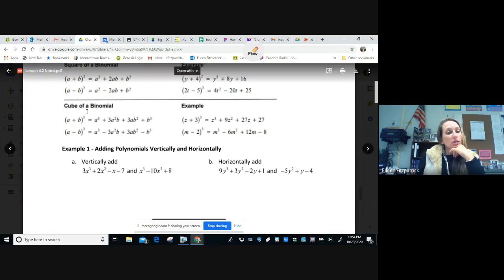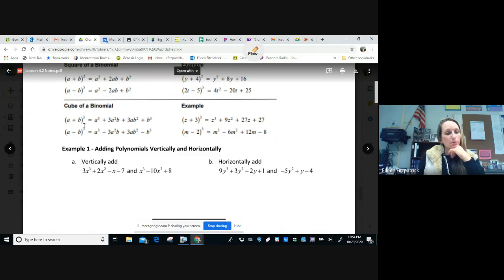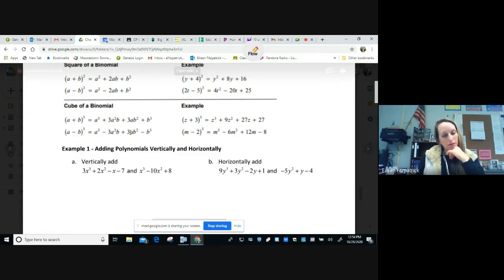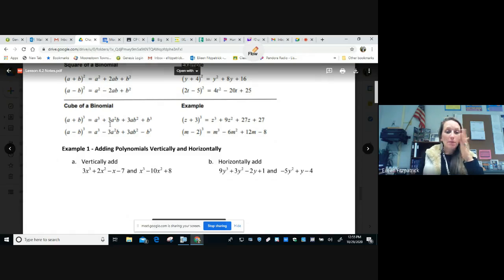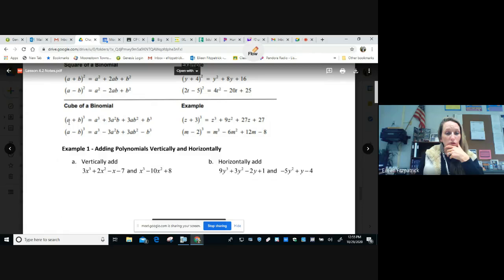All right, next, the cube of a binomial. This one you may not be familiar with. Again, we typically just write it as a plus b times a plus b times a plus b, and we FOIL the first two, and then we're left with a trinomial times a binomial, and we do a bunch of distributing, and that is fine. You probably aren't going to memorize this pattern, but if you want to, you cube the first term.